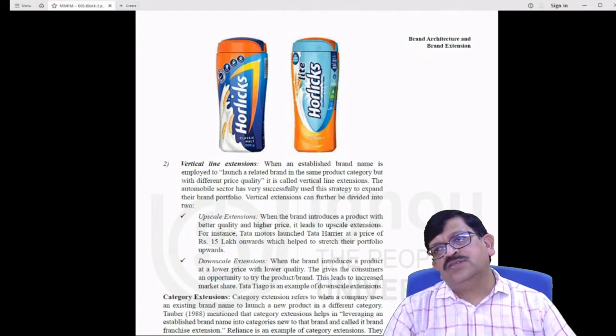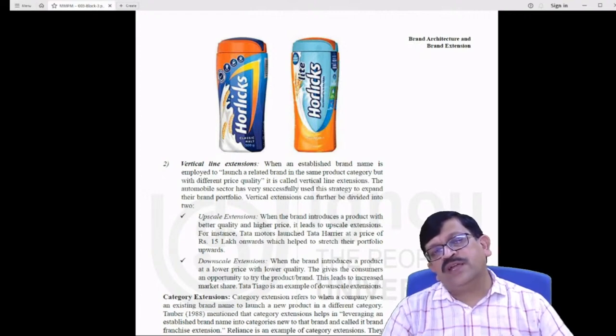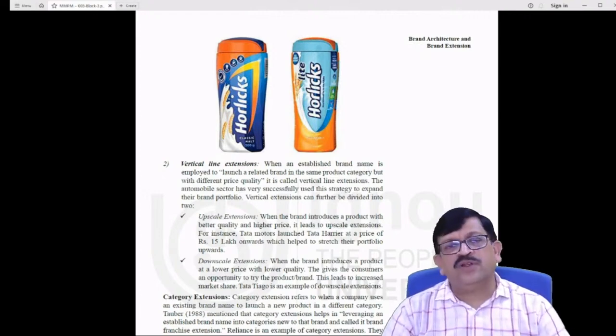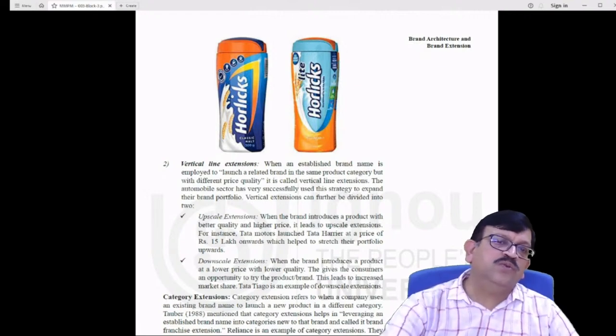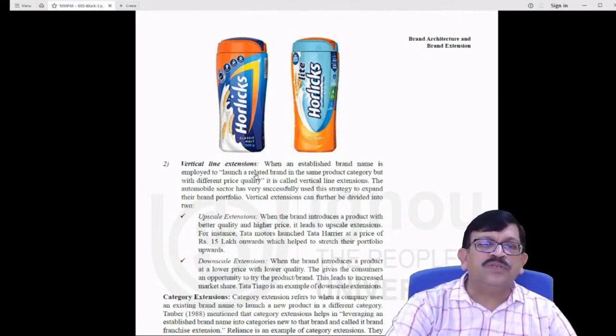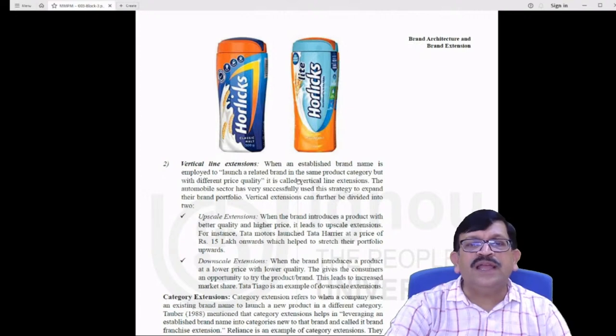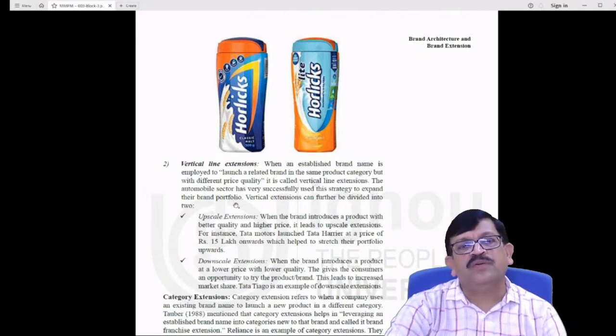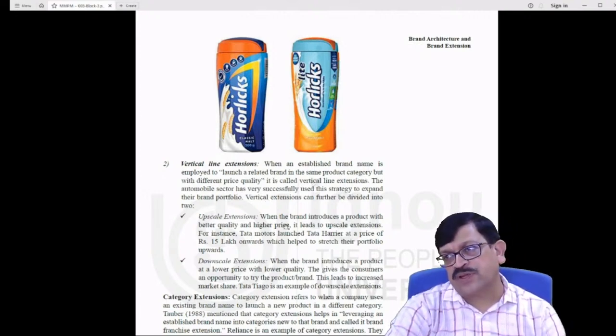The next kind of line extension is the vertical line. In this case you are launching a product which is related, in the same product category, but at a different price point.